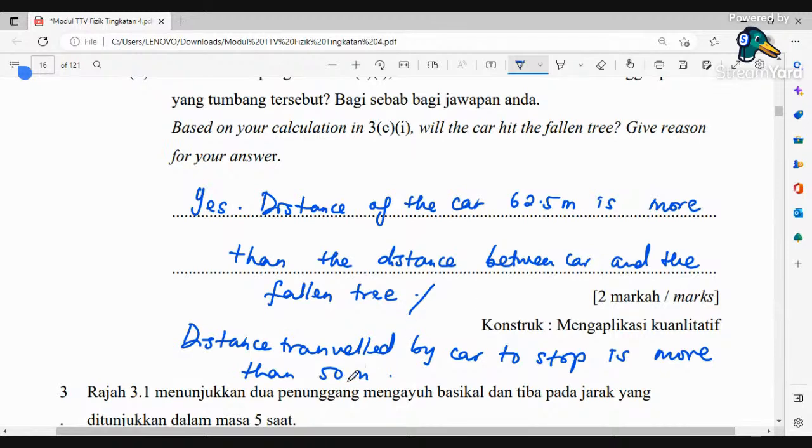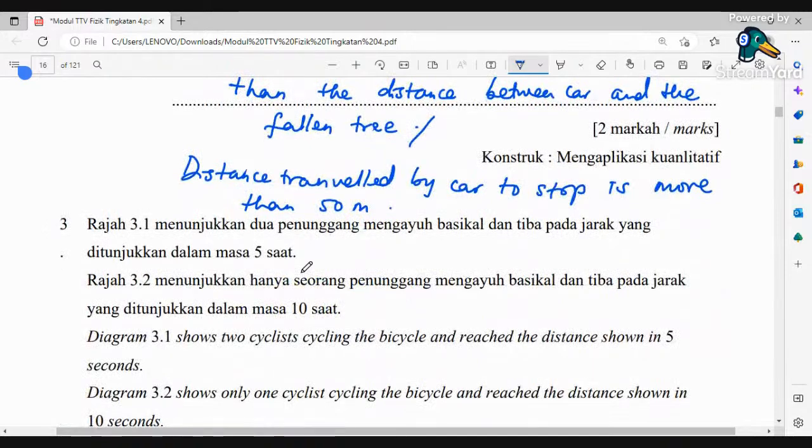Masa dia tekan brake tu, distance only 50 meter, but calculation shows 62.5, means the car will hit the fallen tree. Okay.